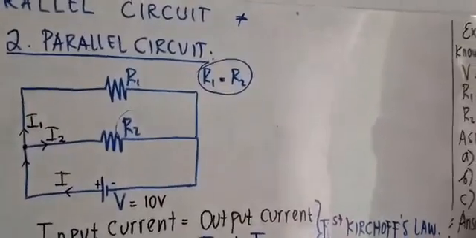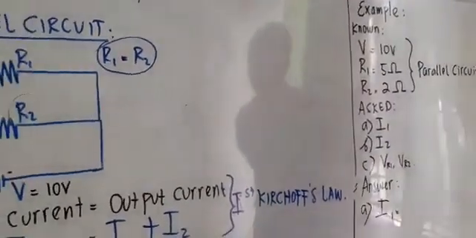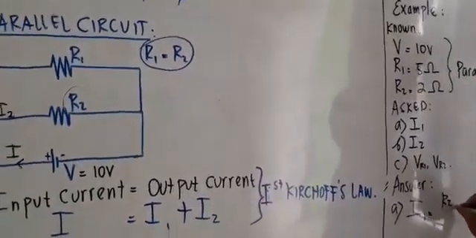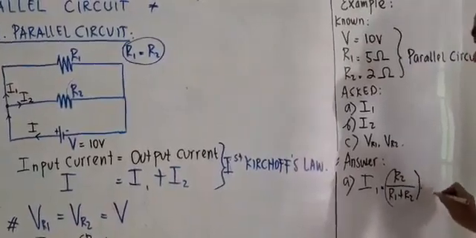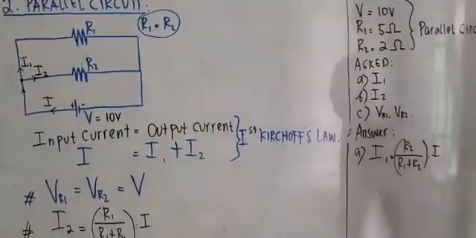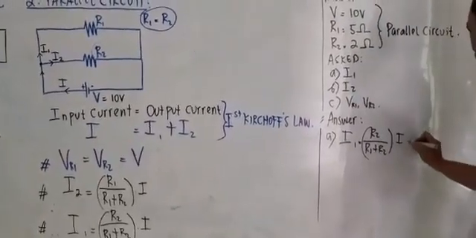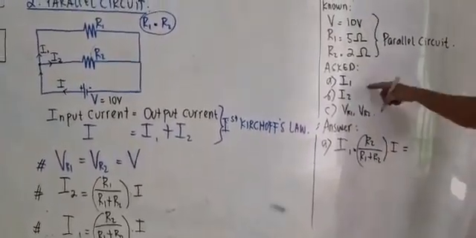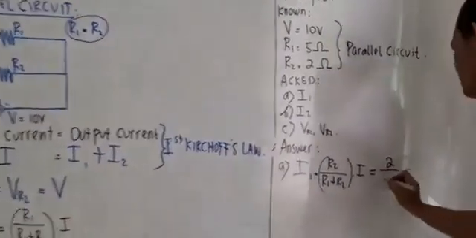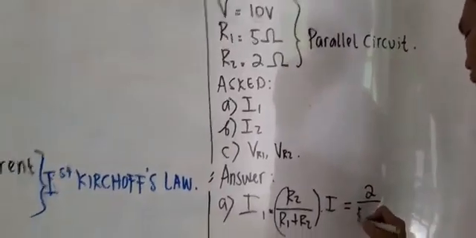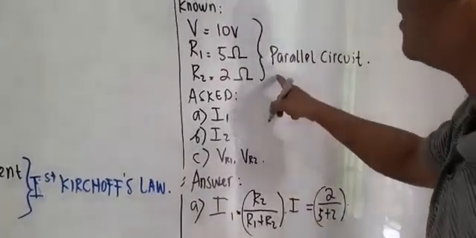So for the first A, I1 is equal to R2 divided by R1 plus R2 multiplied by I. So it is equal to R2, which is 2, over R1 plus R2, which is 5 plus 2, multiplied by I. What is I here?